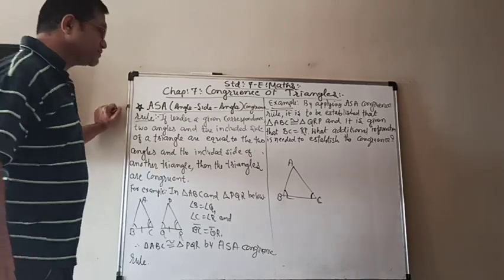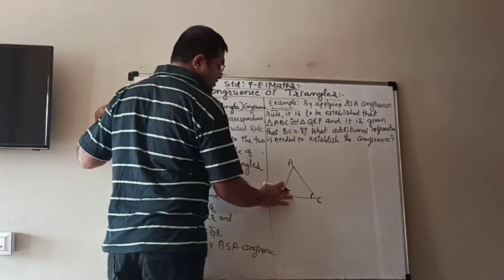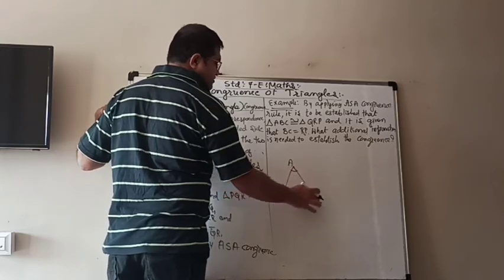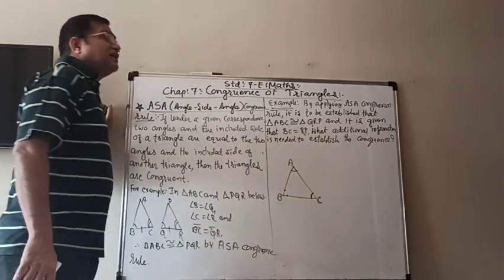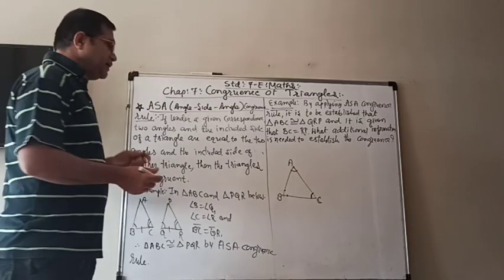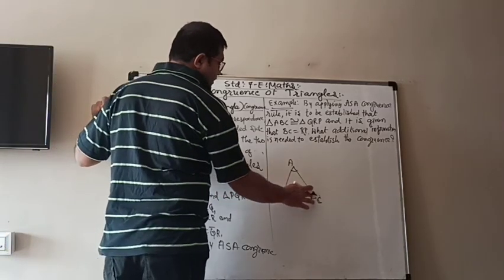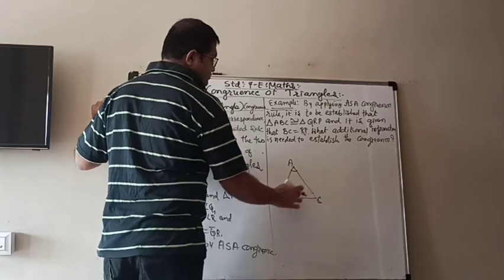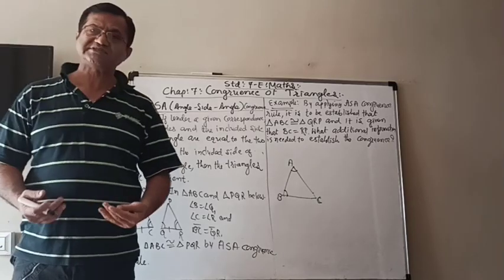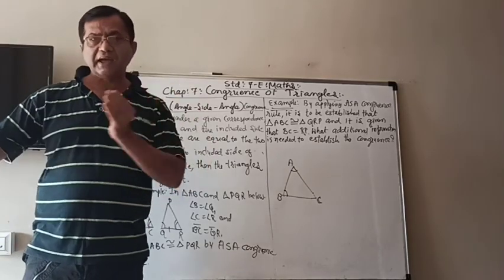Similarly, if you consider angle A and angle C, then AC is the included side between angle A and angle C. And if you consider angle A and angle B, which is the included side? AB. AB is the included side between angle A and angle B.